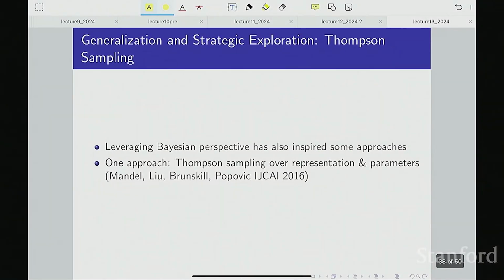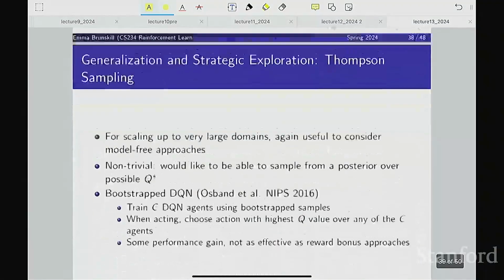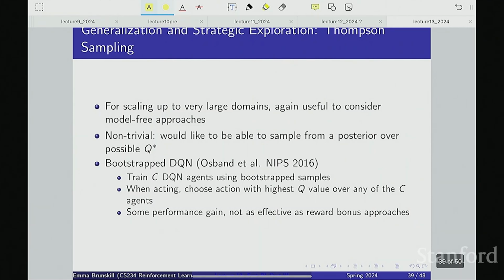There are similarly ways to lift Thompson sampling. So we've done some work there where we think about particular representations and parameters. Ian Osband, who introduced PSRL, then tried to lift it up to the deep Q-learning case. They did it by just bootstrapping samples as an approximation. That is a pretty coarse approximation of uncertainty.